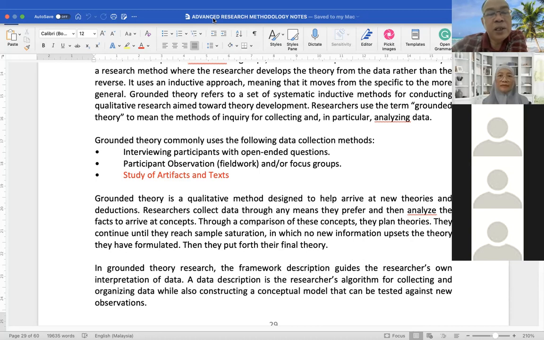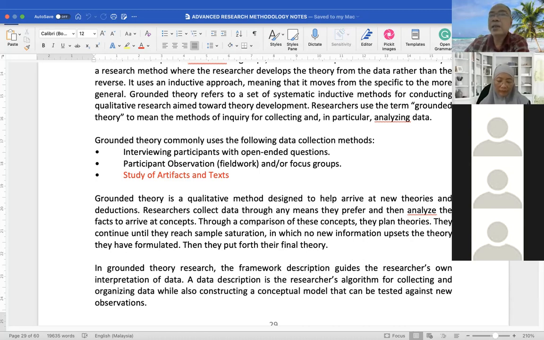So grounded theory is a qualitative method designed to help arrive at new theories and deductions. Researchers collect data through any means they prefer. So researchers can use any types of data collection that they like, whether participant observation, interviews, or other methods.